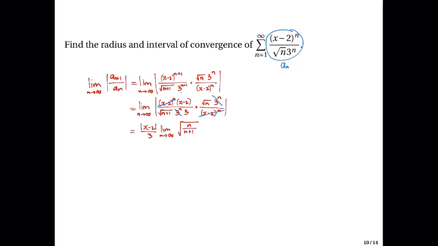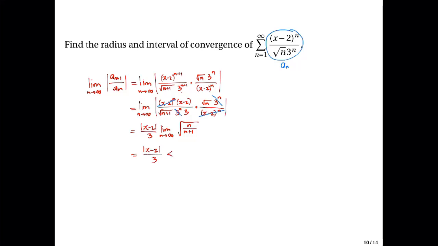But anyway, as n approaches plus infinity, this will just go to 1 because the numerator here is degree 1, the denominator here is also degree 1. So we'll just get the leading coefficients. So this is equal to 1, and therefore the limit of a sub n plus 1 over a sub n is just absolute value of x minus 2 over 3.